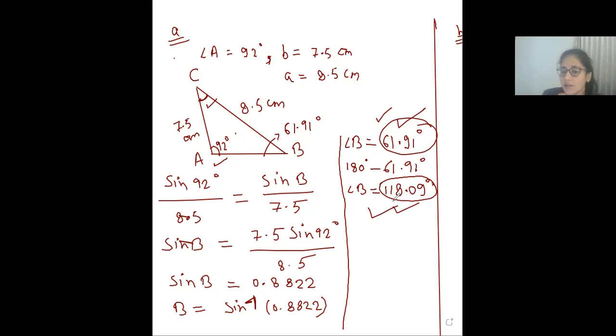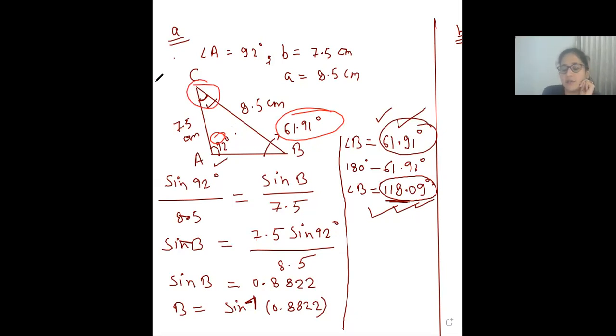The second case is 118.09. In that case, 118.09 plus 92 is already more than 180 degree. That means another angle C is not possible. So from the given value, you can draw only one triangle where angle A is 92 degree, angle B is 61.91 degree, and angle C is an acute angle.